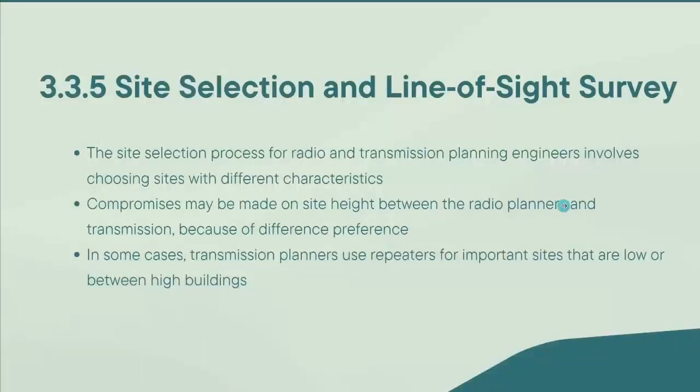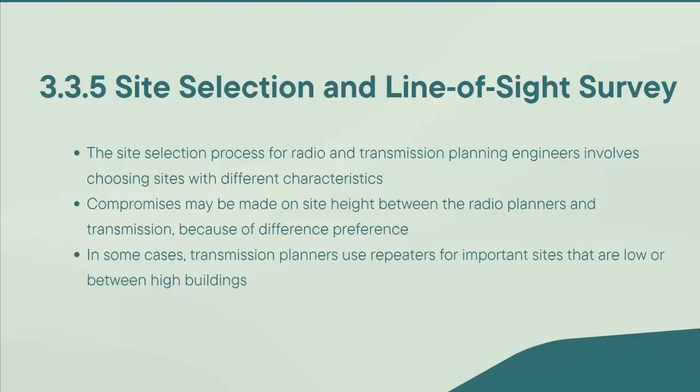So moving on to the next topic, the site selection and line of sight survey. The site selection process for radio and transmission planning engineers involves choosing sites with different characteristics. Radio planners prefer lower sites to avoid interference, while transmission planners need very high sites for connectivity to other sites.